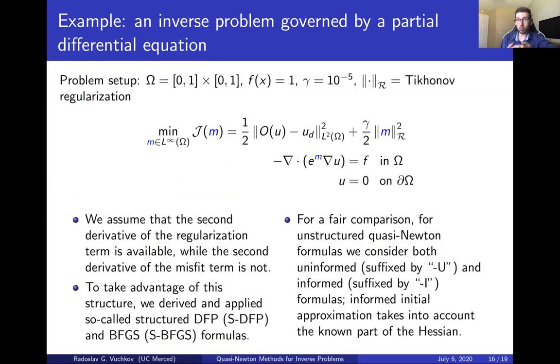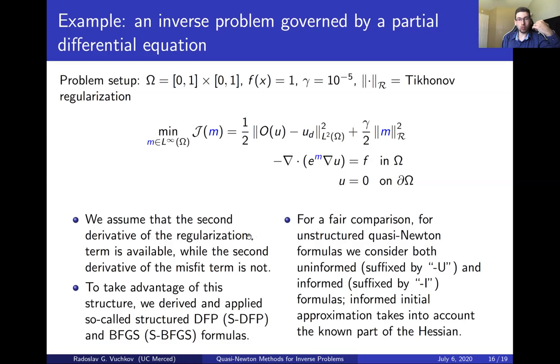So now let's apply this in a numerical example. So that's the PDE for the membrane, or the inverse problem for the membrane. Here we are fixing some of these parameters. We're working on a square, one by one, and we're using a Tikhonov regularization.